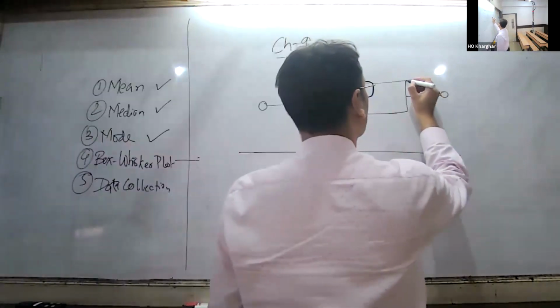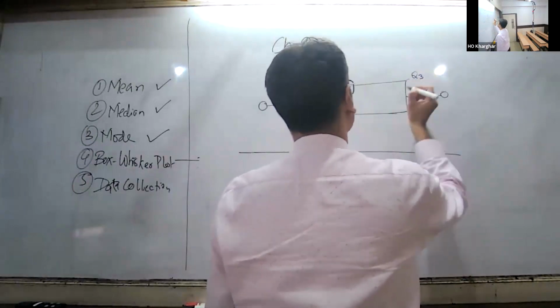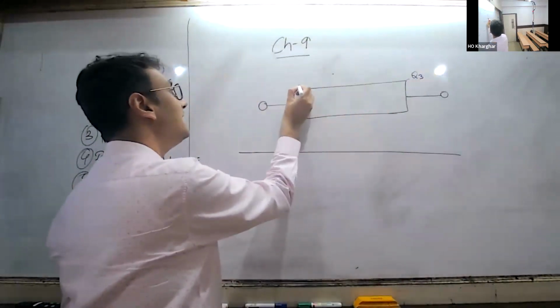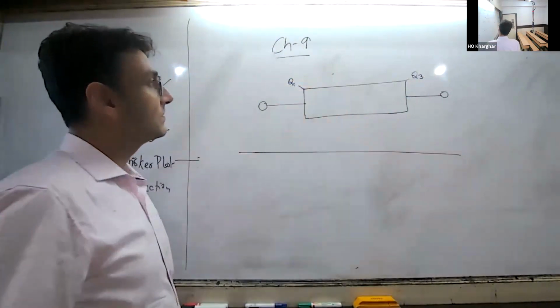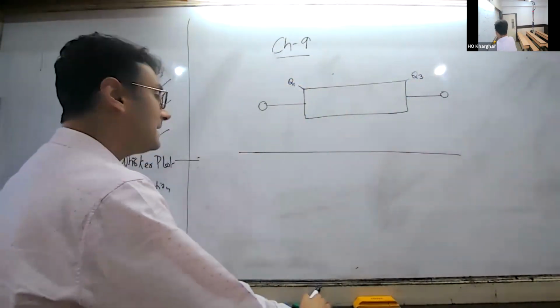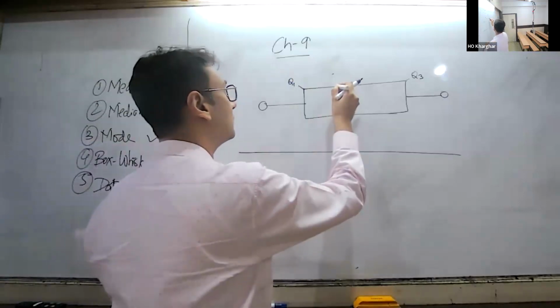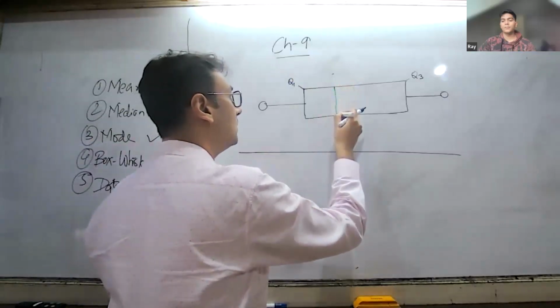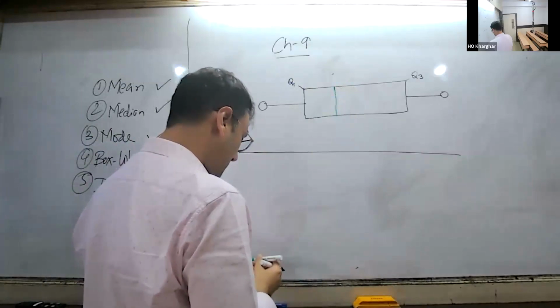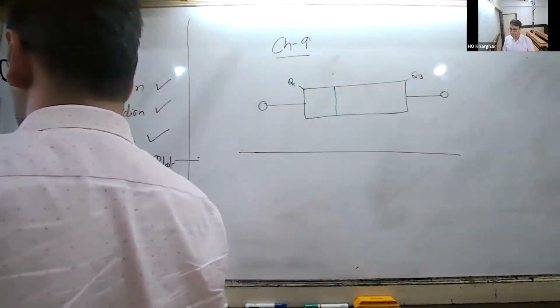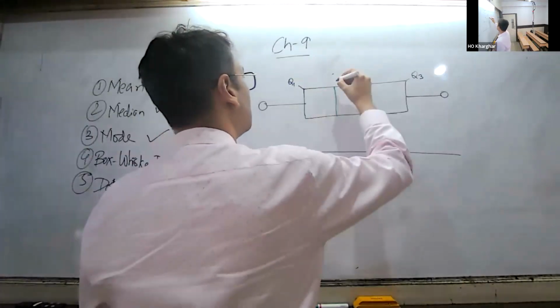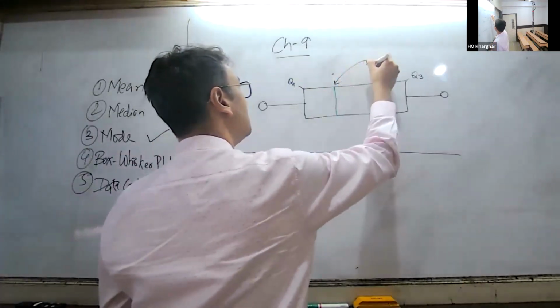This part is called Q3. I'll just tell you what Q3 is. This edge is Q1, quartile 1, and this is quartile 3. There would be a line inside the box. At the median? Yes, absolutely right. This line may not be at the center of the box, but this line means median.